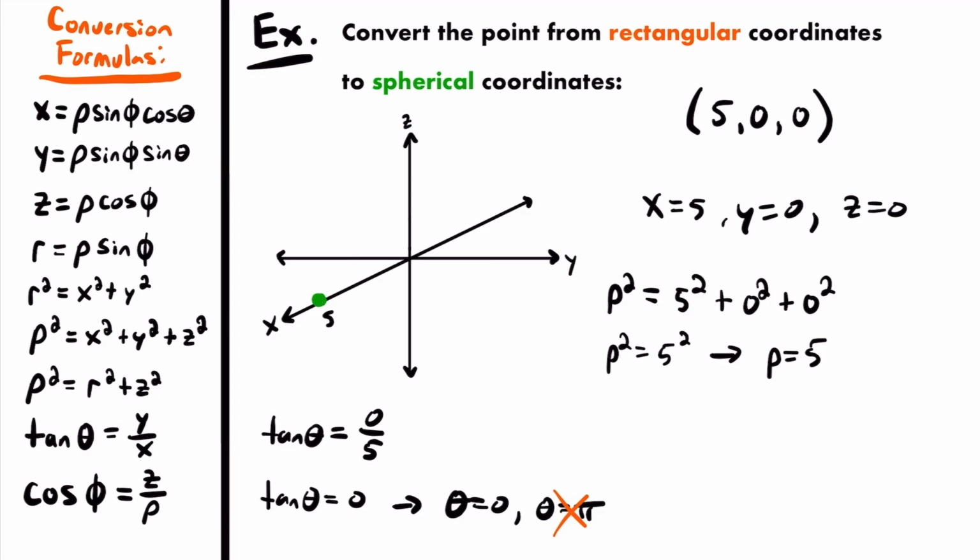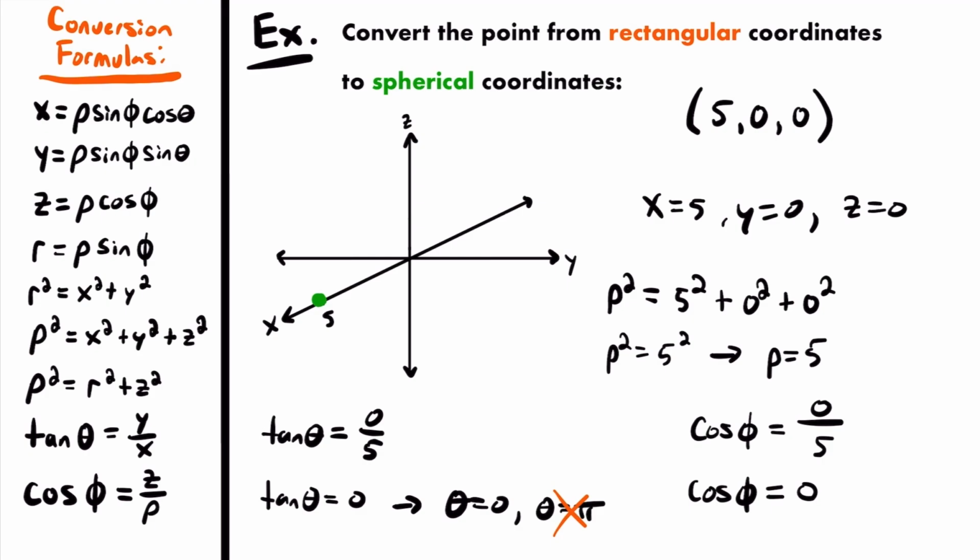Now finally, we need to find phi, which we will do using this equation. Cosine phi equals z divided by rho. So let's work on that. We'll have cosine of phi equals z, which is 0 divided by rho. Now we know that rho is 5, but that really doesn't matter because 0 divided by 5 is 0. So we have cosine of phi equals 0. And cosine is equal to 0 at pi divided by 2 and 3 pi divided by 2.